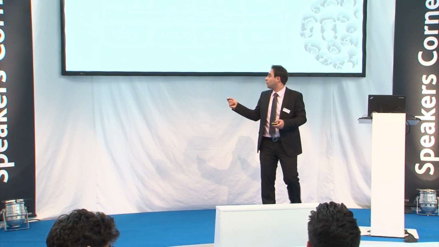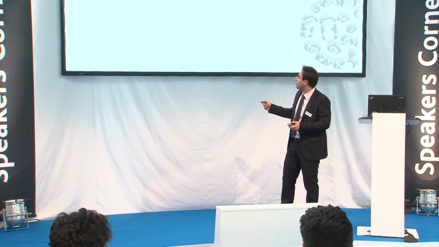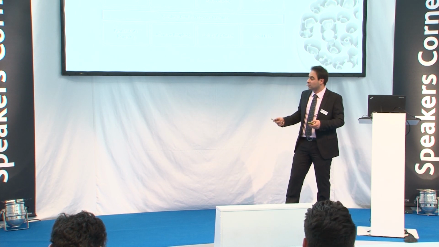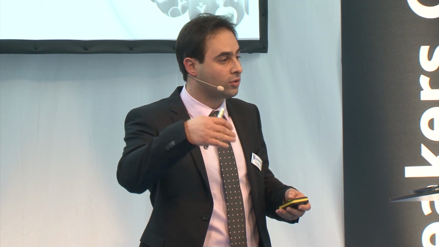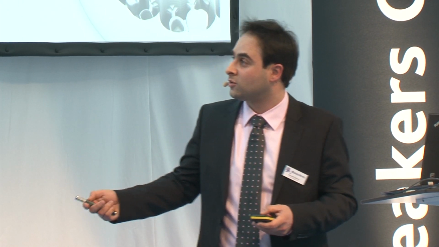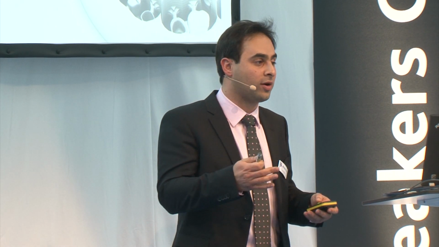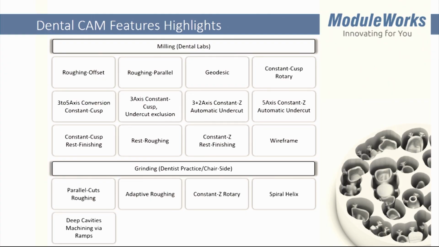Okay, so far here we talked about how we can rough the blank. Now in the second series, we'll talk about how we can rough the cavities and finish them. The next two features are not from our latest development, but I will still show them such that we can have a relative comparison.